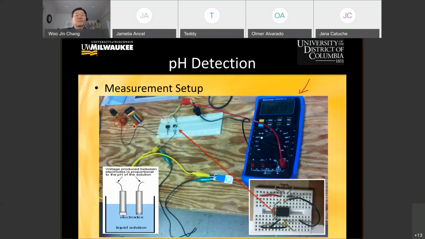I just need to have some power supply and an op amp to amplify the signal, and that's it. So this setup is done in the lab, and that is the reason that I have these parts separately.